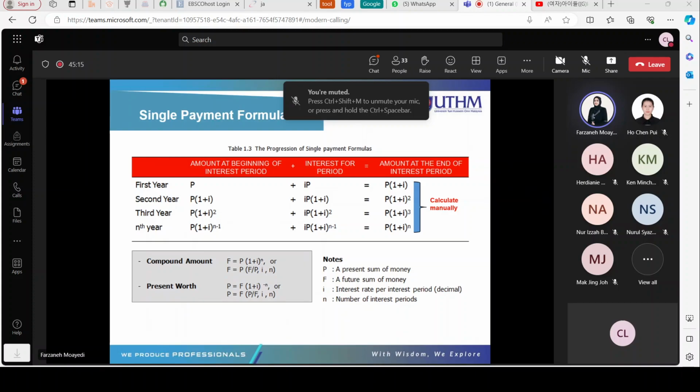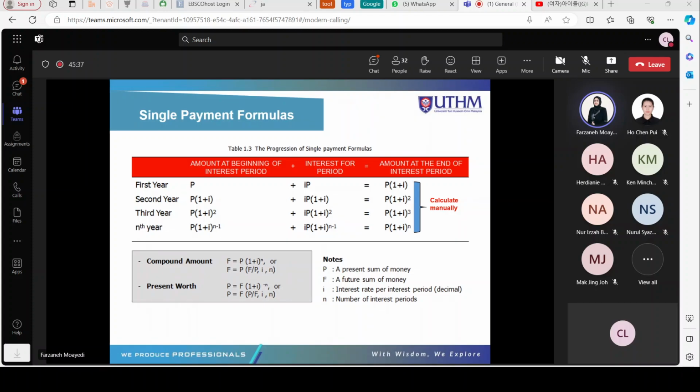If I compare it with simple interest, if this is now P, the second year, third year, fourth year is still going to maintain as P. But what you see here is P plus the interest, which is considered compound interest. And in real life, most of the time, we are going to be using compound interest.